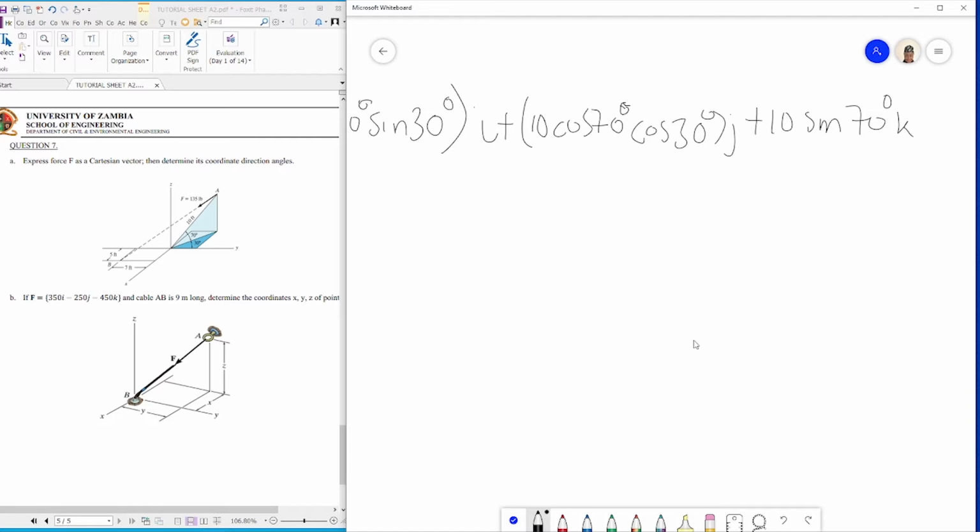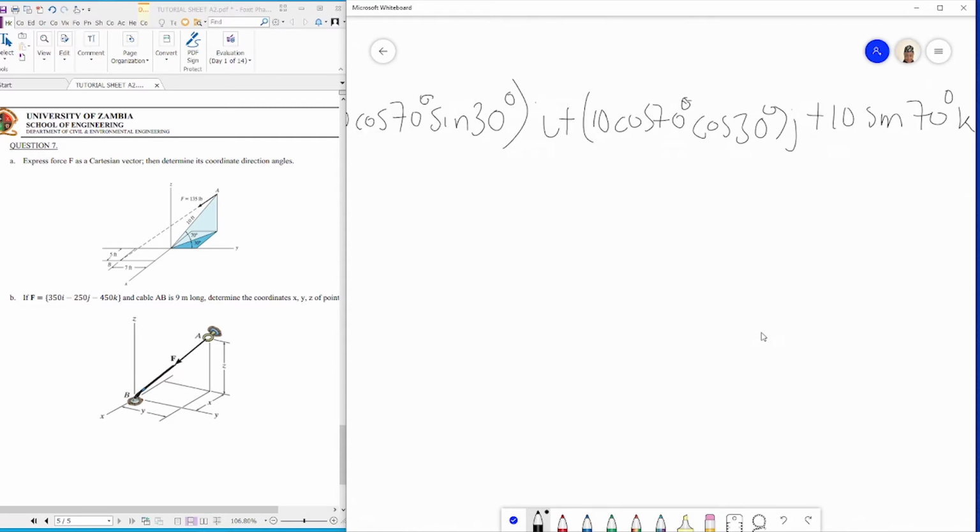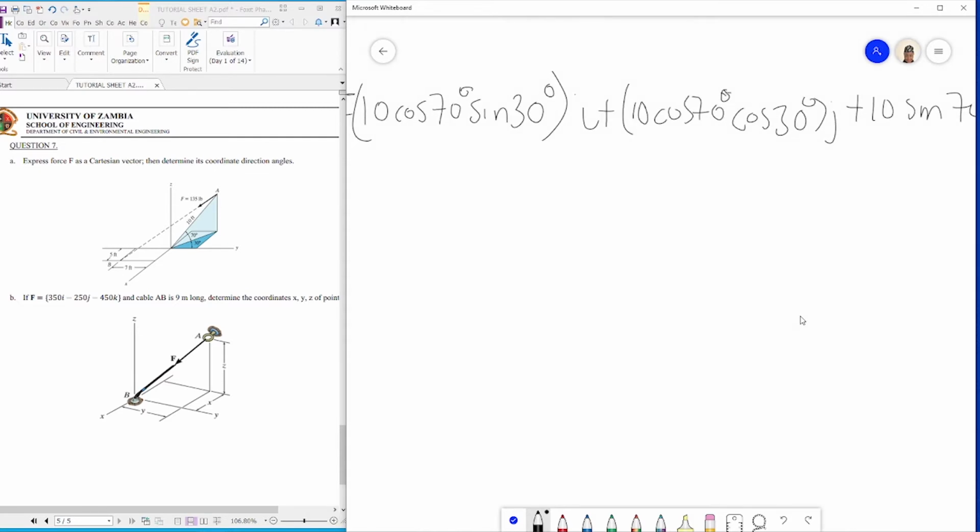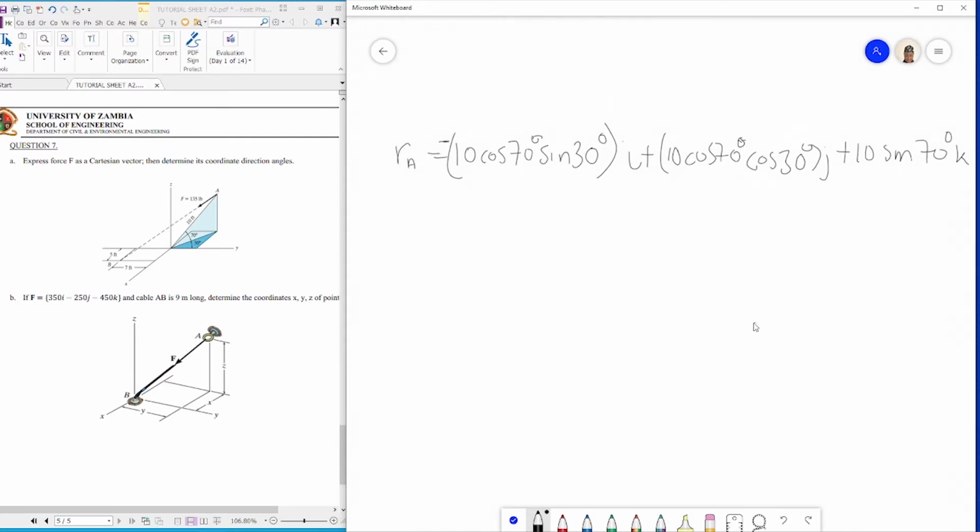Then for RB, bear with me here, we have definitely overzoomed this thing.